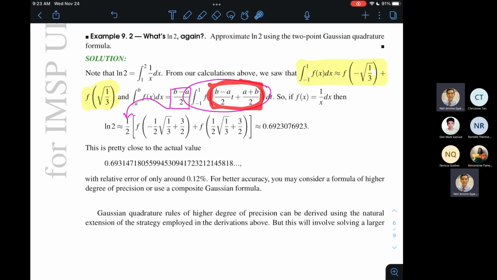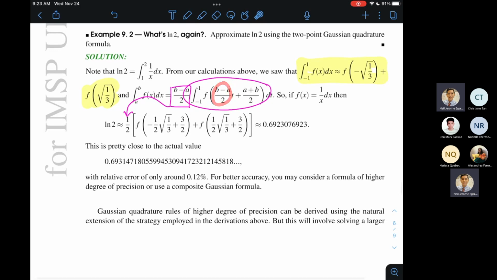So gagamitin ko tong formula na to, which is basically, if you recall, the same formula as what we used for the Legendre and Chebyshev nodes whenever we want to interpolate a polynomial over an interval other than -1 to 1. So ibig sabihin, I'll have b minus a over 2, that's 1/2, times the first abscissa that we computed for, negative root of 1/3. So that's how I got this, plus a plus b over 2.